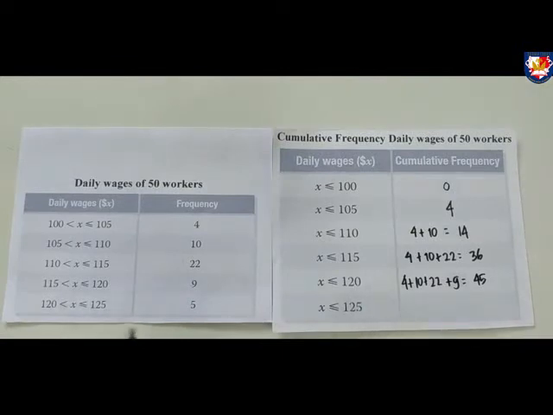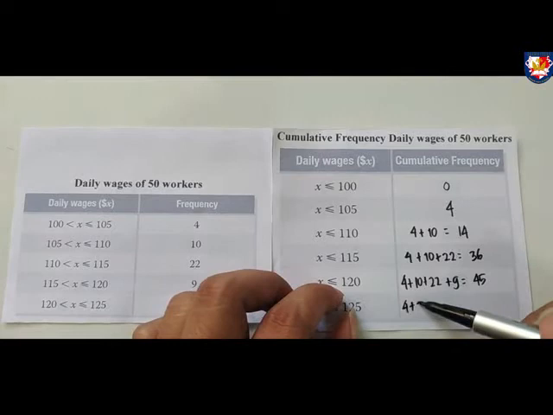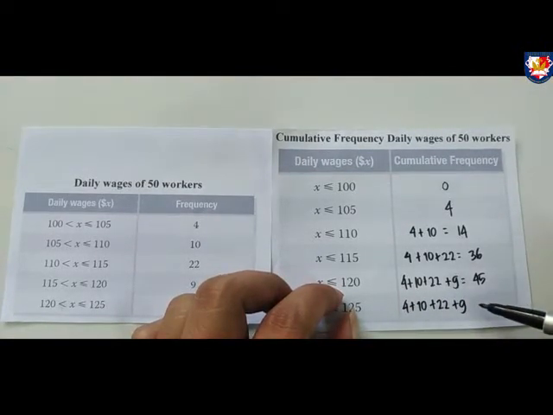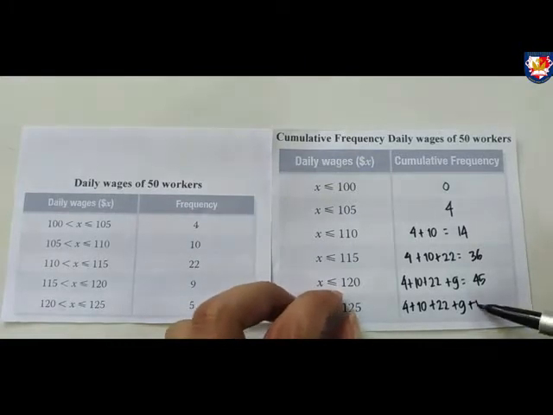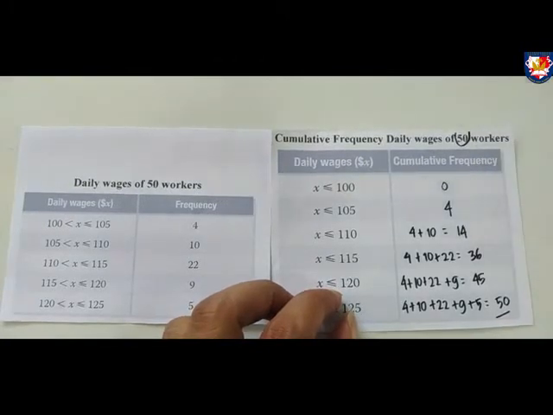Since all the data are less than 125, we add all together in this row, and then we got the number 50. So the number 50 is always the same as the total frequency.